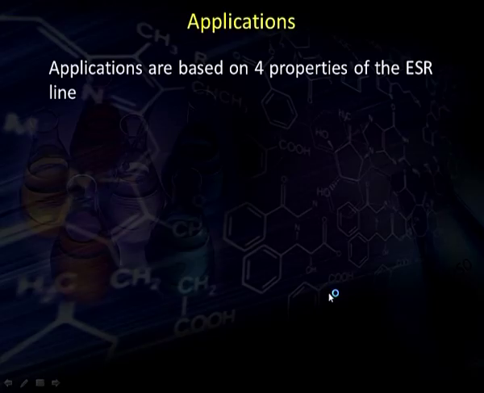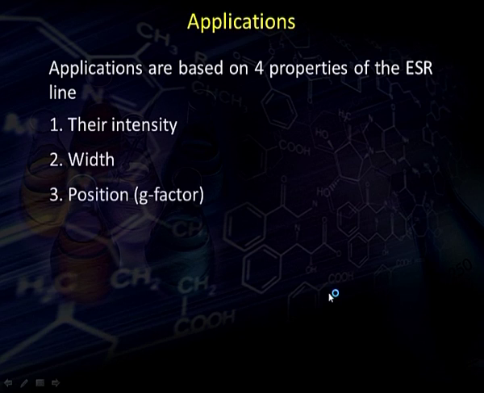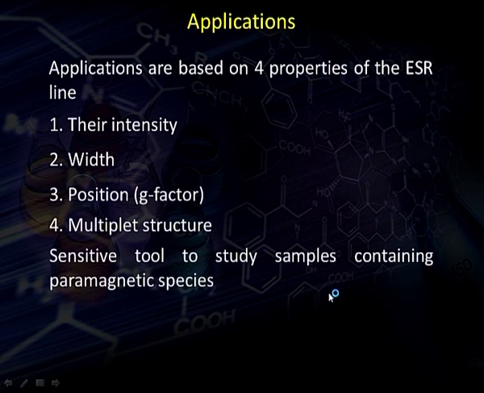Now coming on to the last topic of today's lecture, which is the application and the important topic. Applications are based on 4 properties of the ESR: their intensity, their width, their position, that is the g factor, and the multiplet structure. ESR is a sensitive tool to study samples containing paramagnetic species.